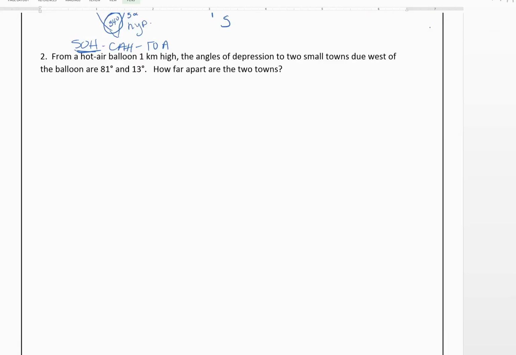Okay, so let's go ahead and draw the situation. So we've got a balloon. Right, not great at drawing hot air balloons. We know that it's 1 kilometer high. Okay, and we've got two towns. So think of the balloon looking straight ahead.